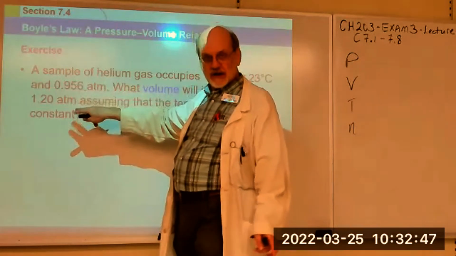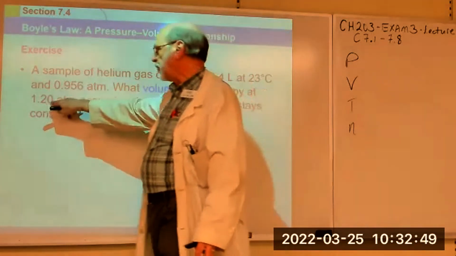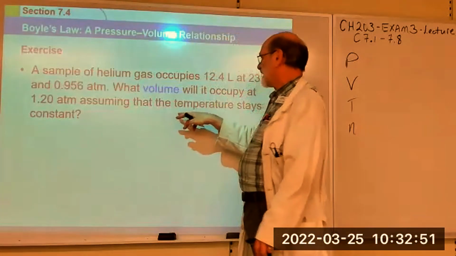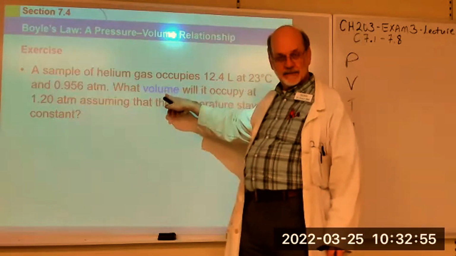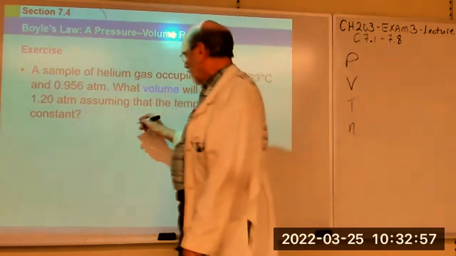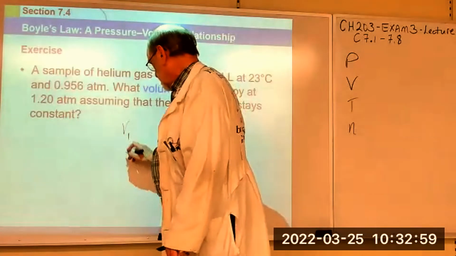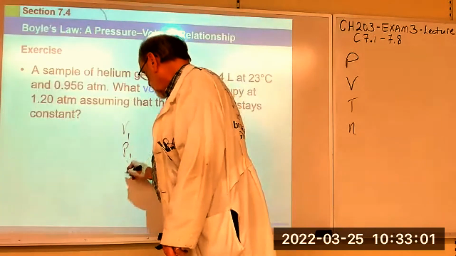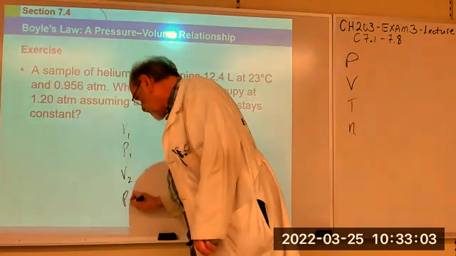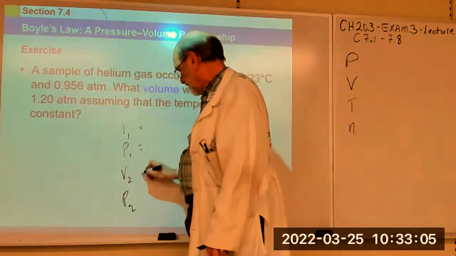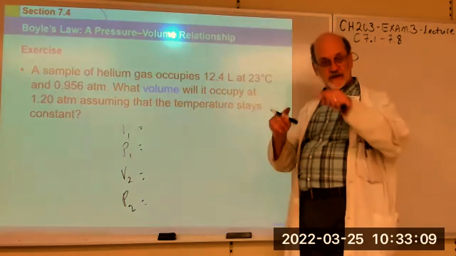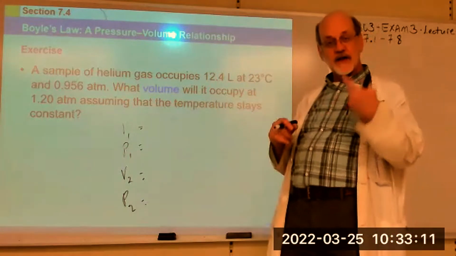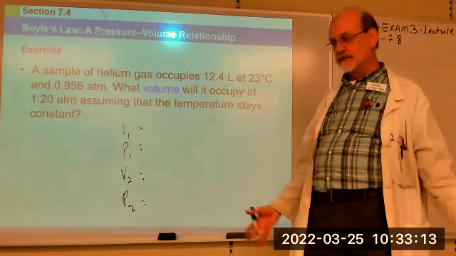We're given part of the after conditions, 1.2 atmospheres, but we're not given the after volume. So if you do this, volume, pressure, volume 2, pressure 2, this is to keep you from putting the numbers in the wrong place, because if you put them in the wrong place in that formula, you get the wrong answer.